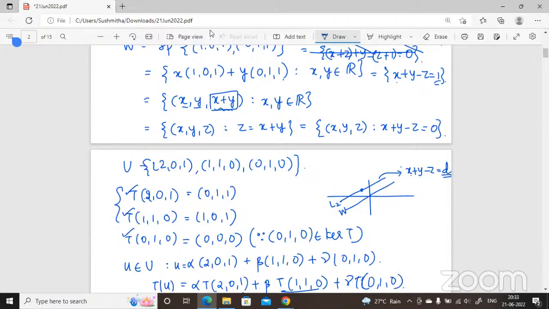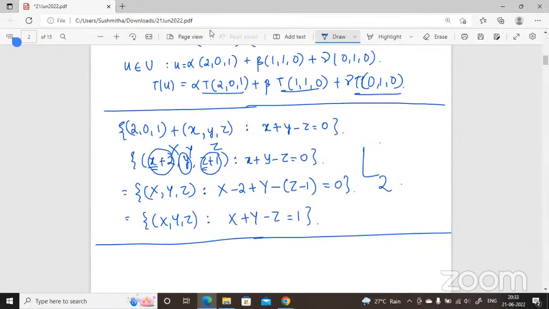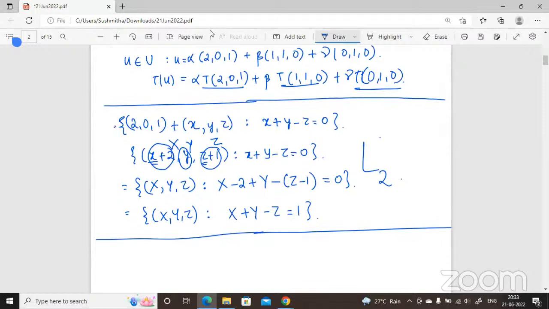Could you scroll down? How to get capital X minus 2 plus Y, capital Y minus Z minus 1? Did you understand this step to this step? I'm adding this point to all the points satisfying this. So when I add, I'm going to get x plus 2, y, z plus 1.